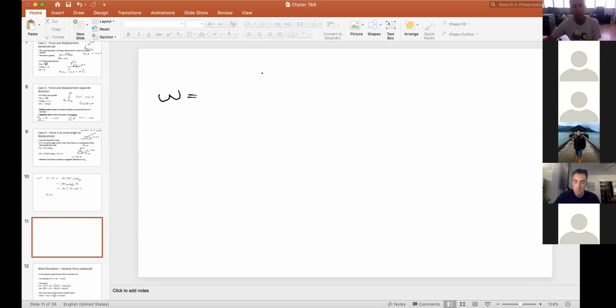We can actually do this as an integral. F dx, if you want to put a dot, this is really what it is, and we integrate from x initial to x final. However, we're going to do a couple of little tricks here. We know that F is ma for any force, and that ma is m dv/dt.